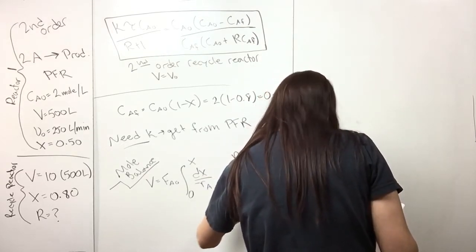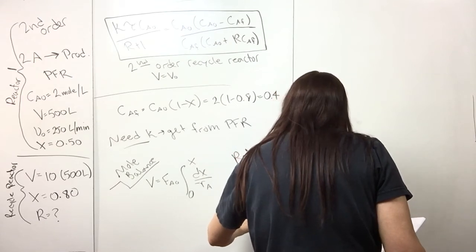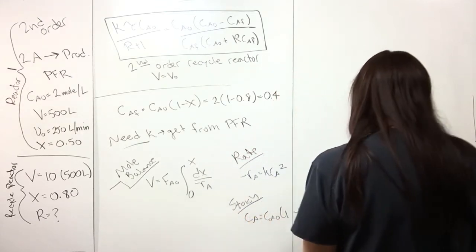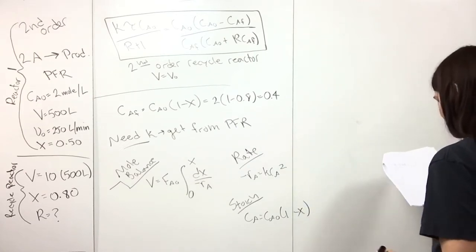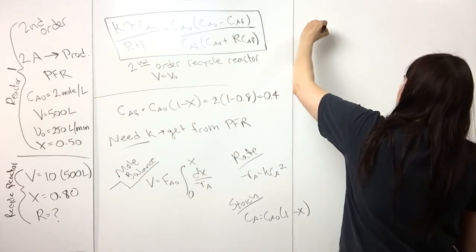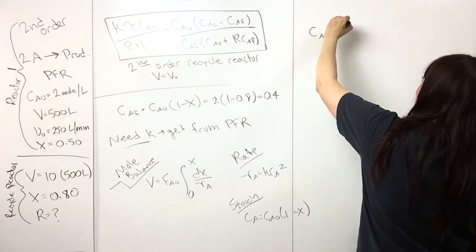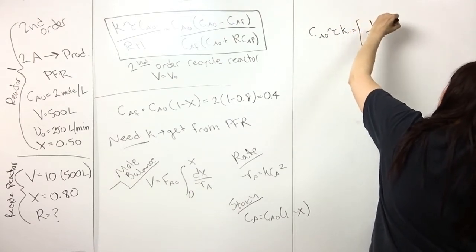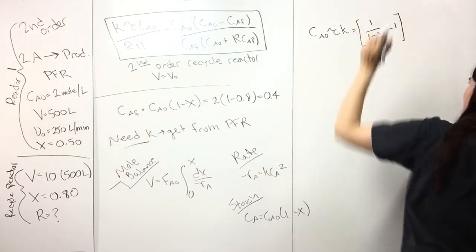And stoichiometry is just CA is equal to CA naught (1 minus X). So then if we combine everything and integrate, we get that CA naught tau k is equal to 1 over (1 minus X) minus 1.